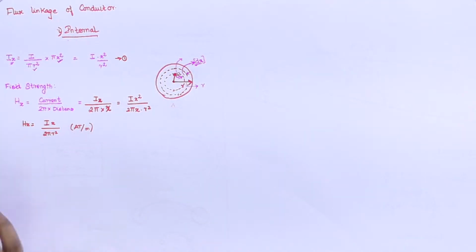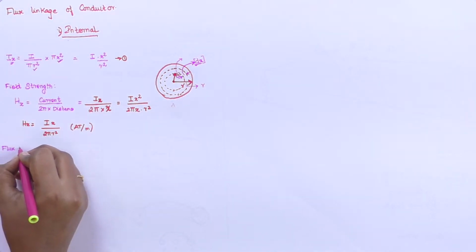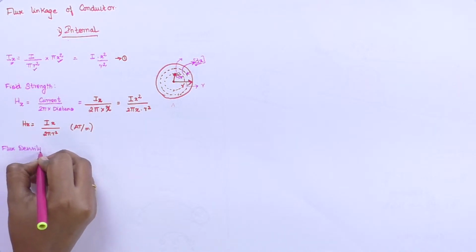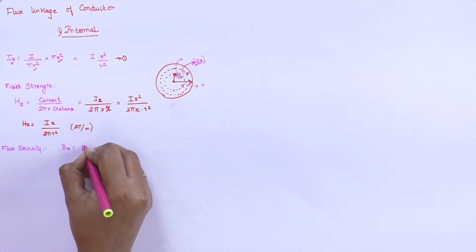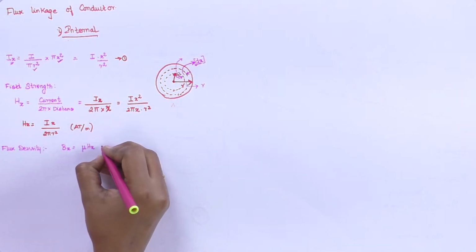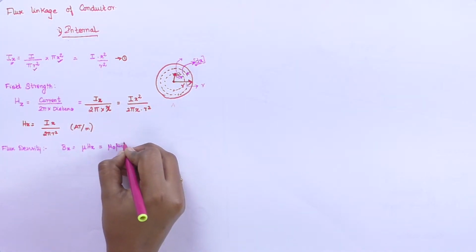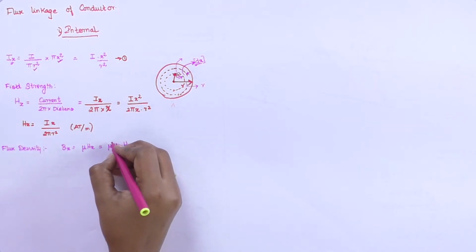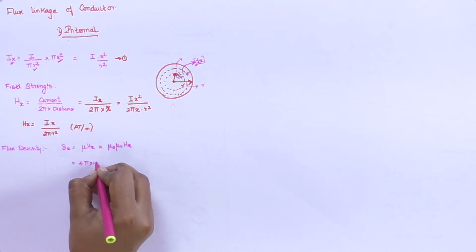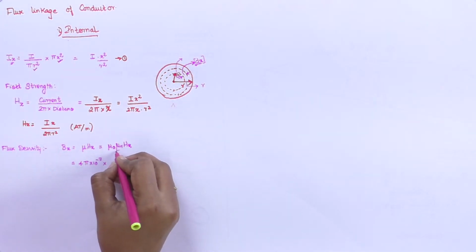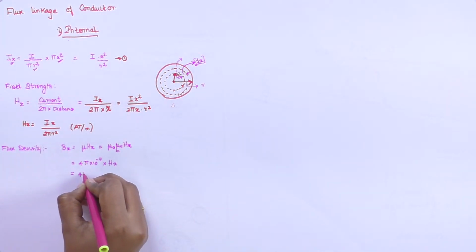Okay, next the third one, we are going to calculate the flux density. Flux density Bx is equal to mu into Hx. We all know that mu is equal to mu naught into mu r. So mu naught mu r into Hx. Mu naught is a constant equal to 4 pi into 10 to the power minus 7. For a non-magnetic material, mu r is equal to 1. So simply into Hx, and we already calculated the value of Hx.